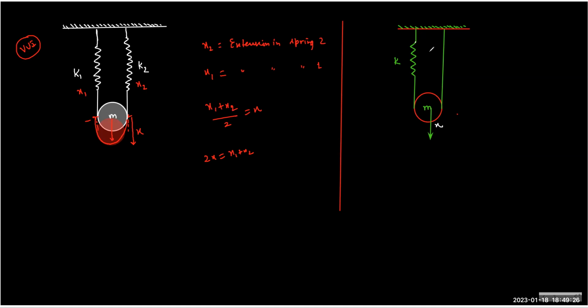That's my question. So to move the pulley down by x, how much must the spring be extended? Tell me.